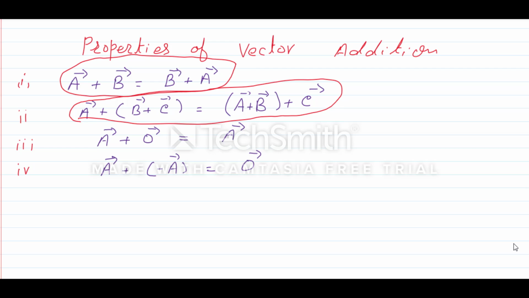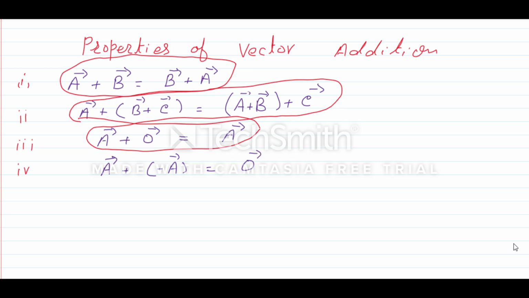Next is identity of vector addition. Here 0 is identity of vector addition. Vector A plus 0 vector is equal to vector A. Fourth is inverse property or inverse law.